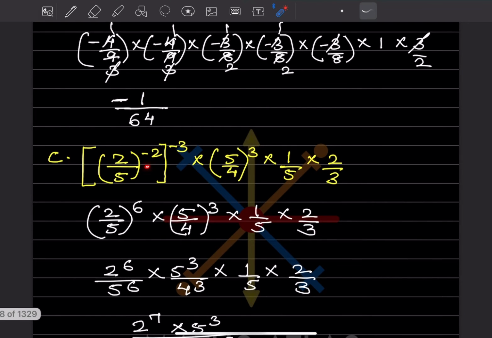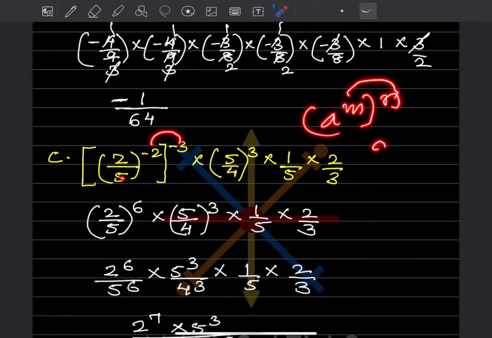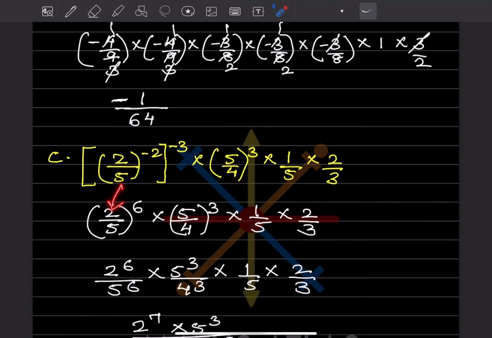Now for this one, we multiply the exponents, because (a raised to m) raised to n is a raised to mn. So 2 by 5 stays the same, and minus 2 into minus 3 will be 6, because minus into minus is plus. So now this will be 2 raised to 6 divided by 5 raised to 6, and 5 raised to 3 divided by 4 raised to 3.